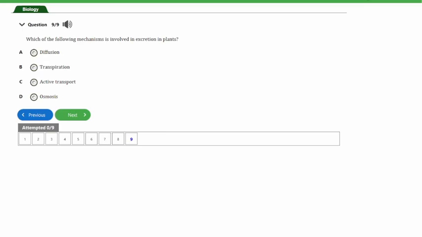Excretion in plants primarily occurs through the process of transpiration, and in this process there is loss of water vapor from the aerial parts of the plants, and there is also escape of gases. So guys, this process is the one that is involved in excretion in plants.